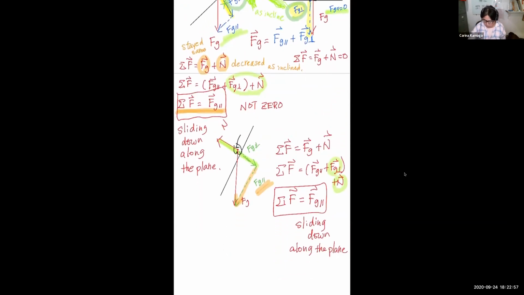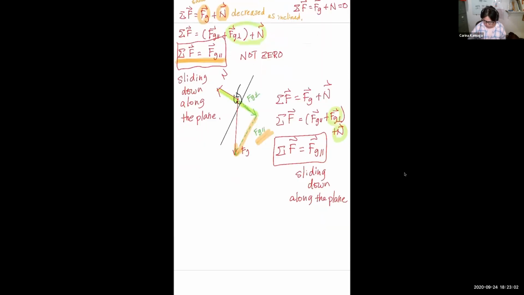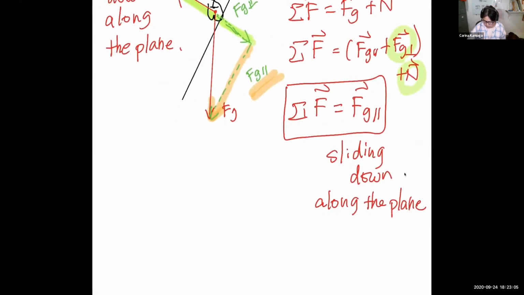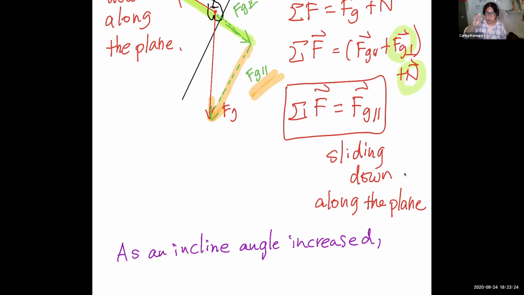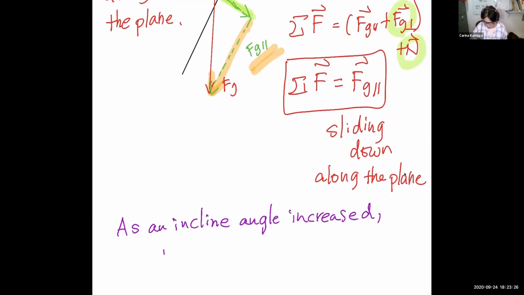These FG components, as you make the angle steeper and steeper, what you see as an incline angle increases, if you have a steeper and steeper incline, what happens to the parallel component of that FG?